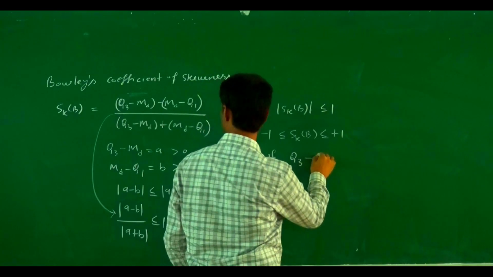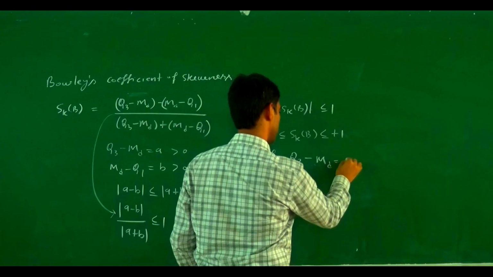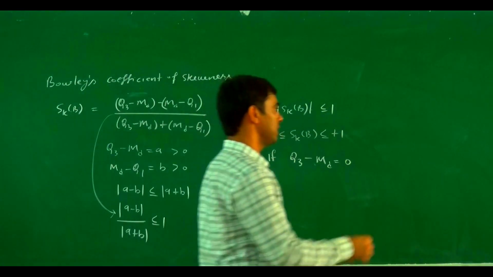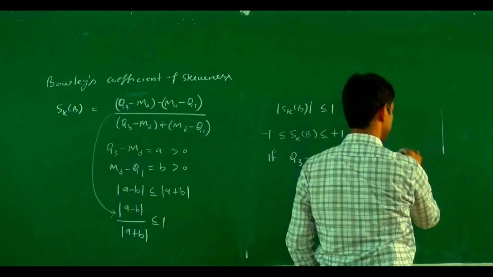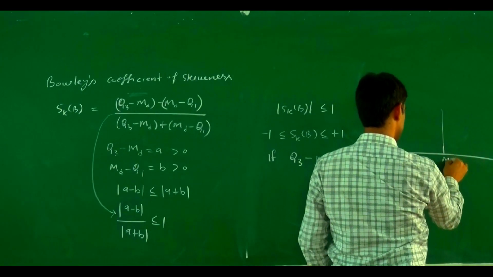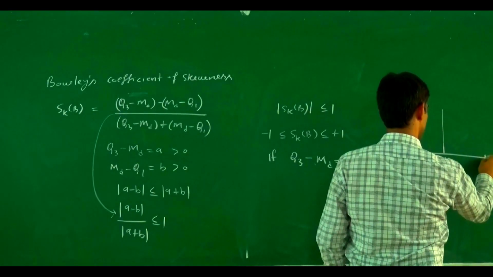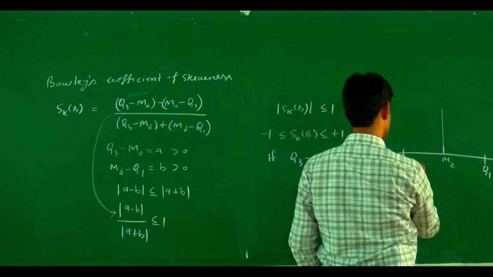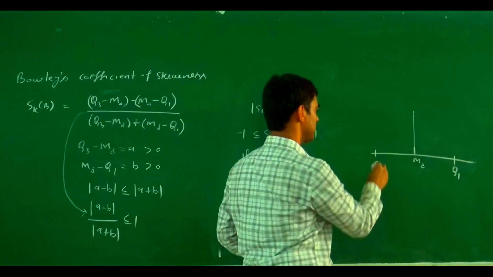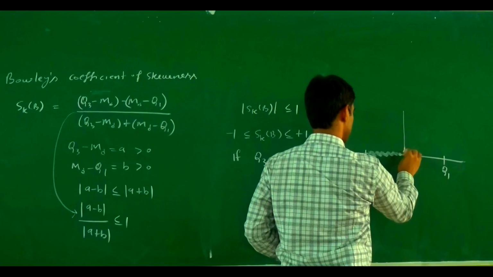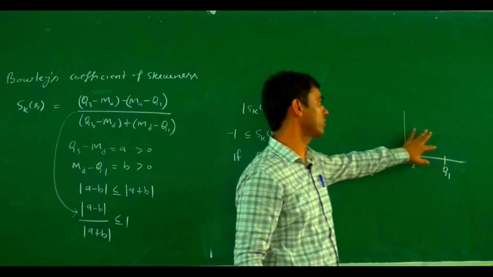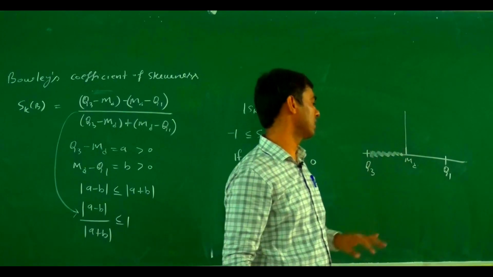If Q3 minus MD equals 0, means graphically, this one is MD, this one is Q1, this one is Q3. So if this portion, Q3 minus MD, equals 0, this portion does not present in the distribution. Only this portion is present.